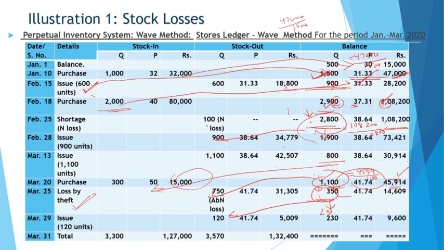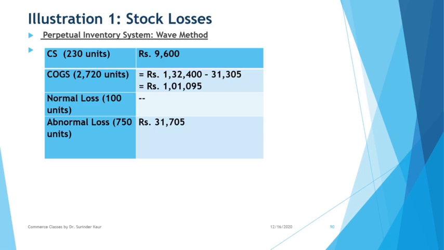You can total up the amounts again. This total that we are getting here is not cost of goods sold now. Previously in a simple question we used to say that this is cost of goods sold, but not now, because all this is not goods being sold. Out of this much amount is for abnormal loss. So if you subtract this amount, remaining will be your cost of goods sold.